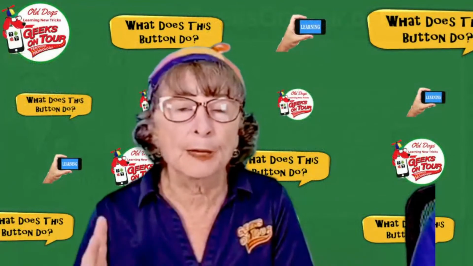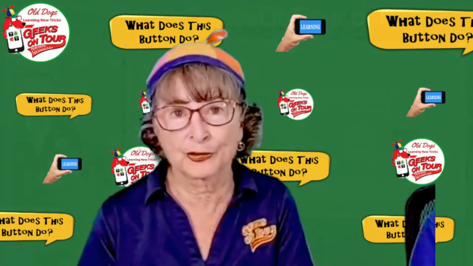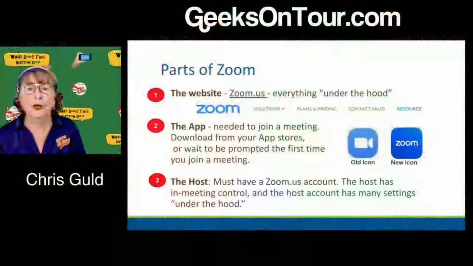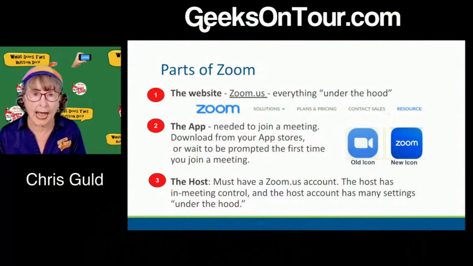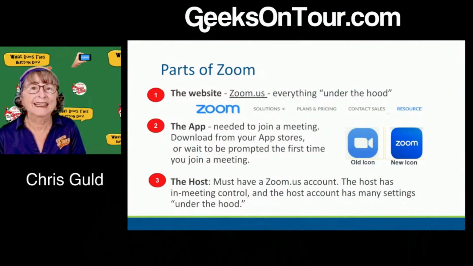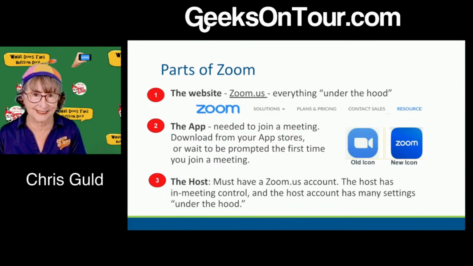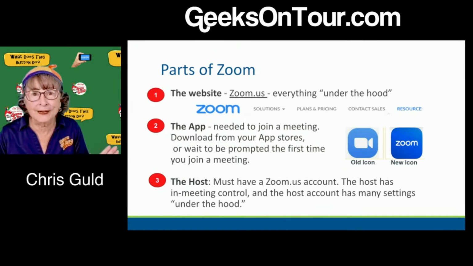And then the third important item of a Zoom meeting is the host. The host controls how the meeting works, and it's the host's account that has all the settings for the meeting. And there are voluminous settings, and we're not going to go there. At the end, I'll tell you how you can learn a lot more if you want.